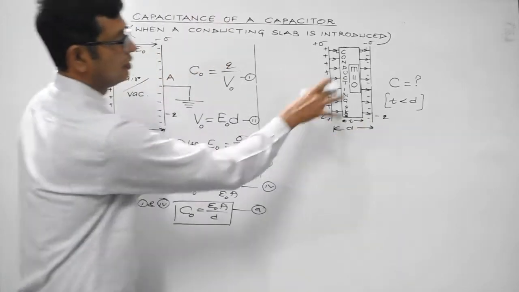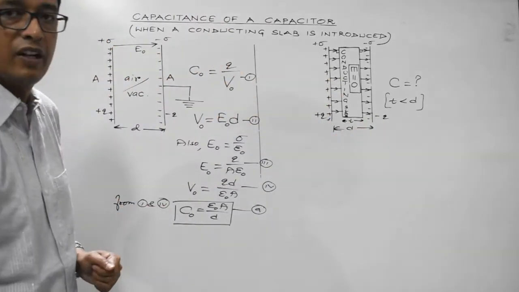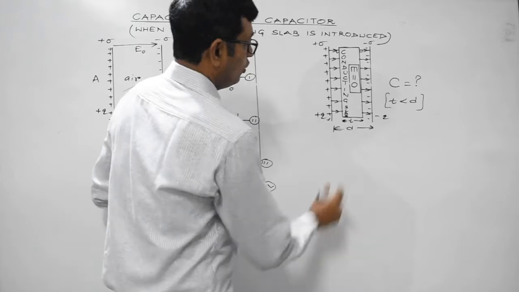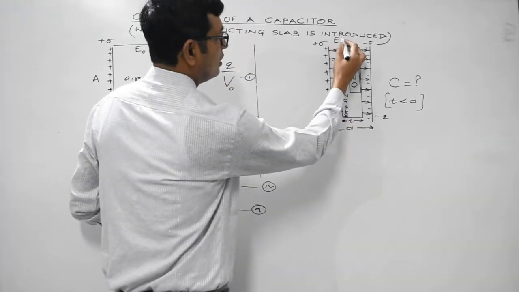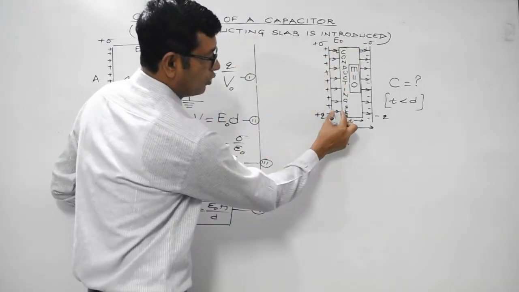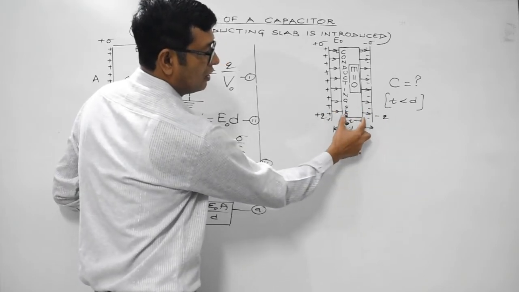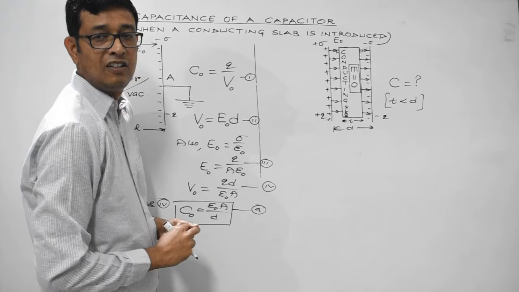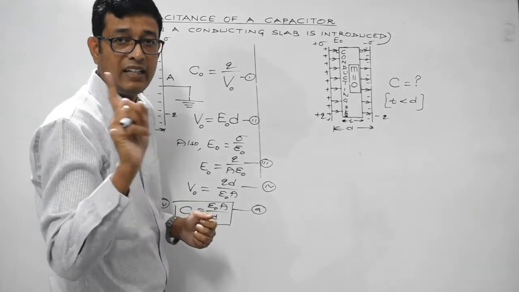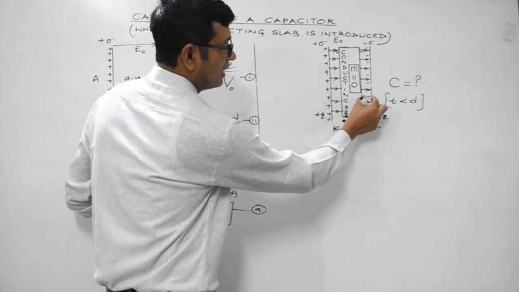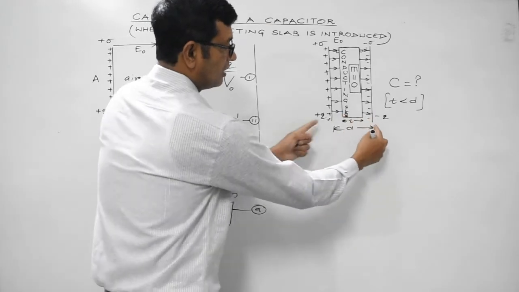So this is how the diagram will get modified. The electric field E naught exists only in this region, this and this. It does not exist in the region of thickness t. So electric field E naught only exists in the region d minus t. This is t and the entire region is d.